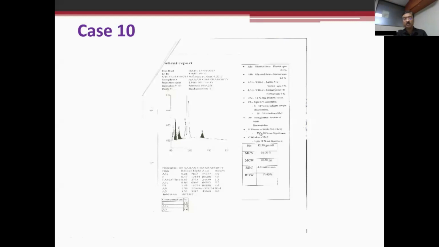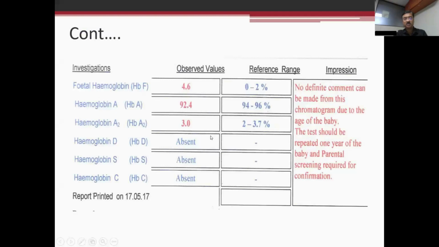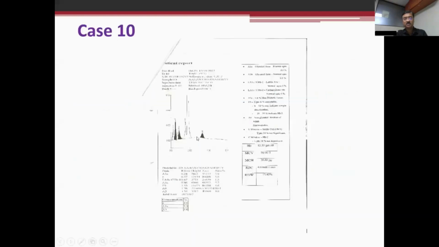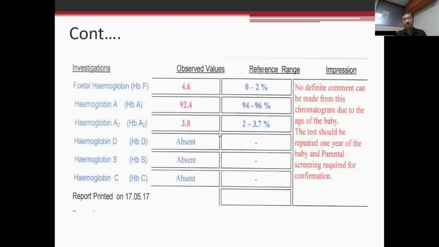So I inquired, and after detailed inquiry, I found that the patient's age was entered wrong. It was 11 months, not 11 years. When the age is converted to 11 months, it becomes so easy. Under 1 year, there is a possibility of remaining fetal hemoglobin. So you should ask for the test to be repeated after 1 year of age.